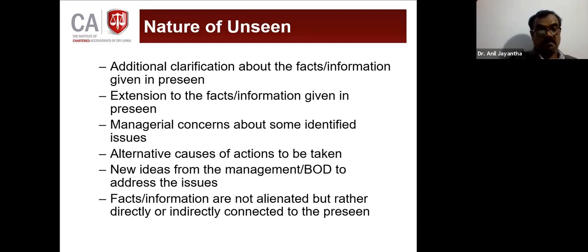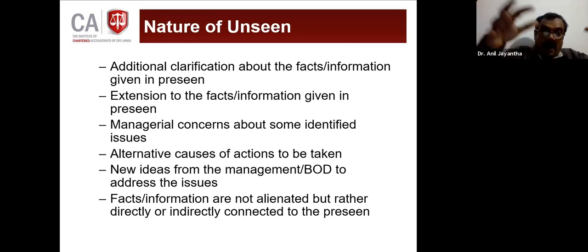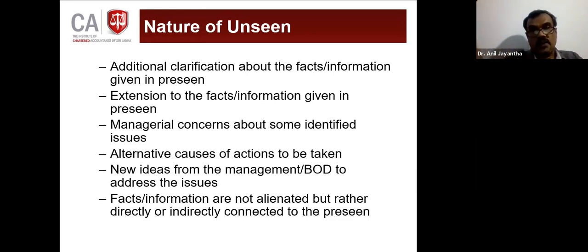So the information just provided in the bullet point prior to this one may be alienated to some extent, but by and large, when you take the entire case or the information provided in the unseen, it shouldn't be totally unrelated or alienated to the facts given in your pre-seen.